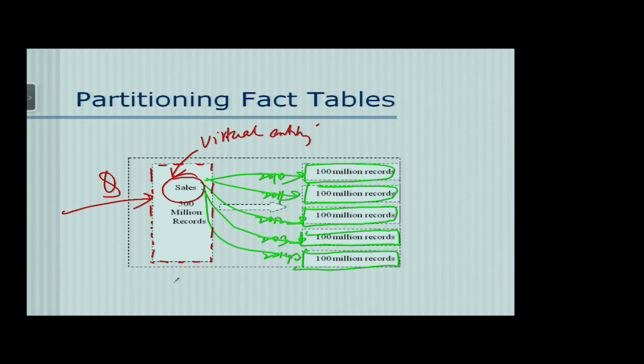So how is this virtual existence maintained? The sales table is defined as a view, which is nothing but a union of these partitions. Suppose this partition is P1, this is P2, this is P3, and this is P5. So this is a union over i equal to 1 to 5 of Pi. So the sales is a view, which is nothing but the union.